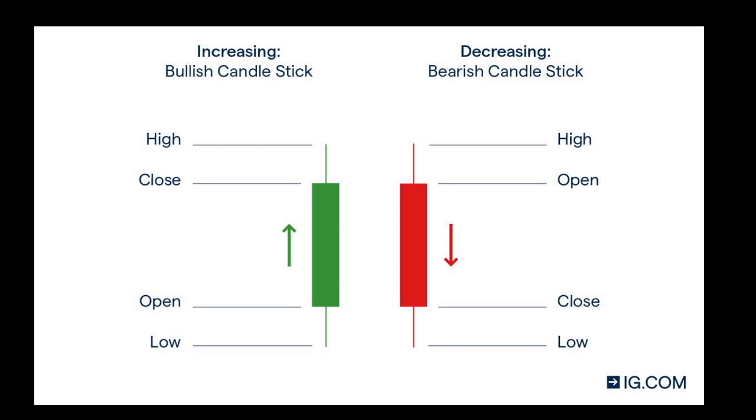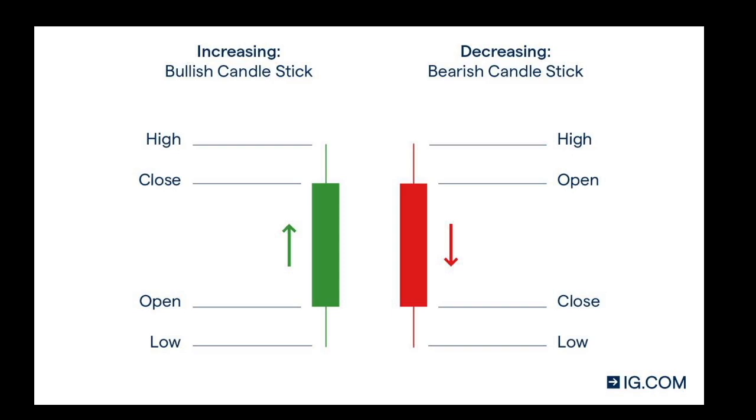Now, obviously, there are the two types. You have the bullish candle. This is going to represent an increase in buying power. The buyers are in control.